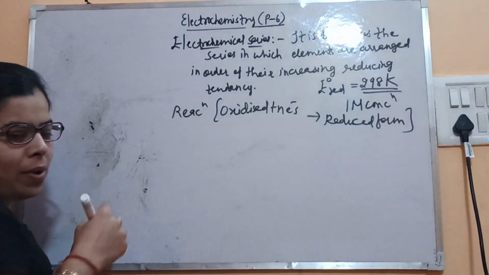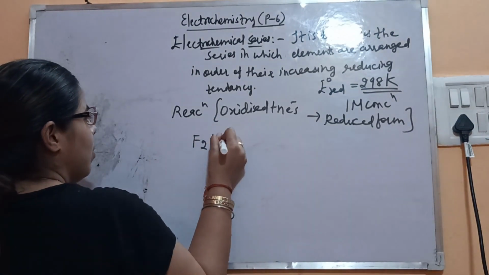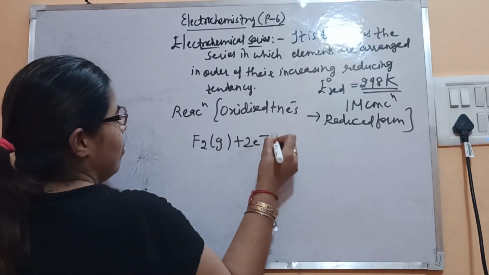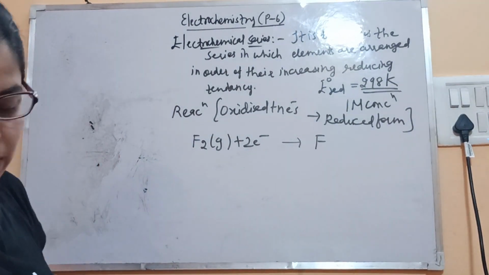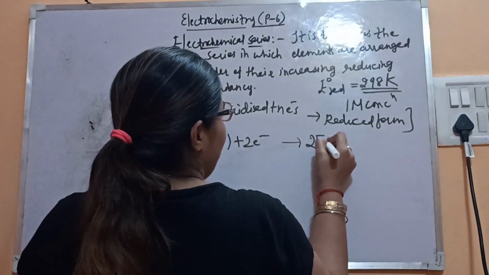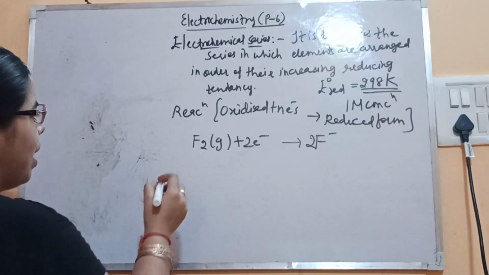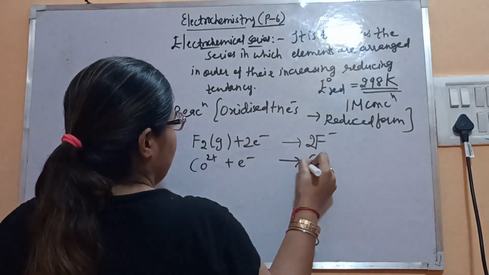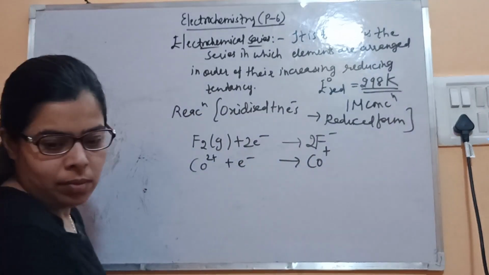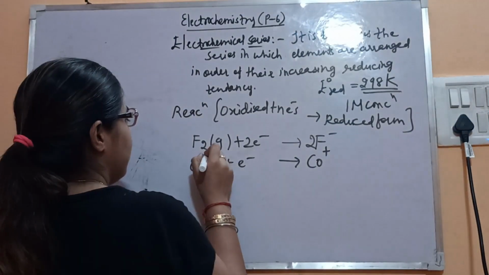So at the top, fluorine is present: F2 plus 2 electrons gives 2 fluoride ions. Then cobalt is there, here it is Co 3 plus.